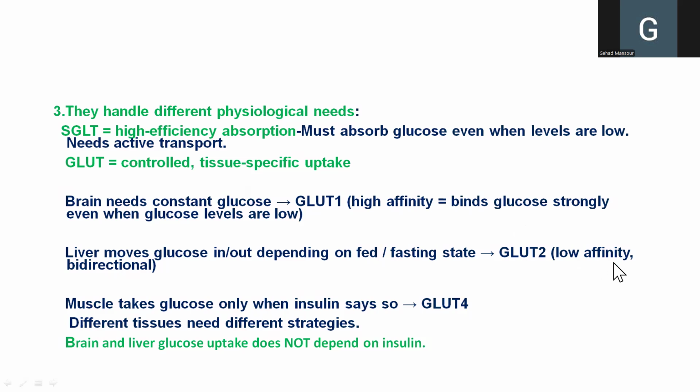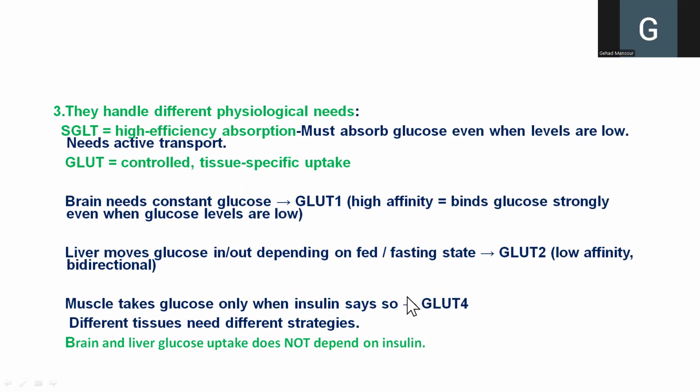It doesn't have to attach itself strongly to the glucose, because this is against the process of rapid release of glucose. So in the brain, we have the high affinity receptors, in the liver, we have the low affinity bidirectional receptors, and in the muscles, we have the insulin-dependent receptors because the muscles can take glucose only when insulin says so.